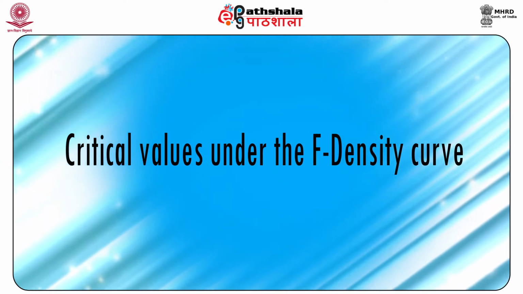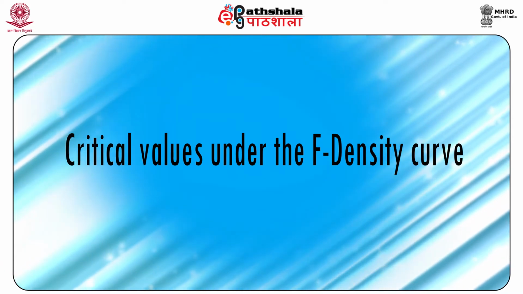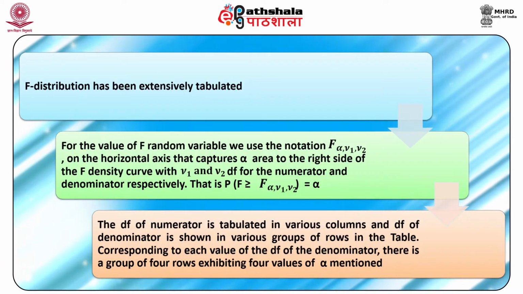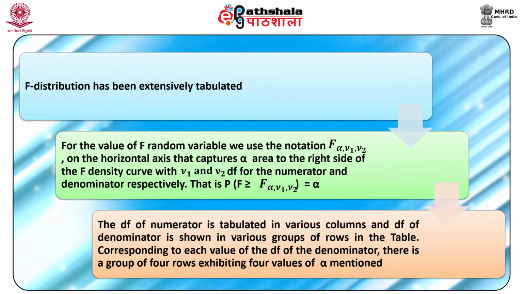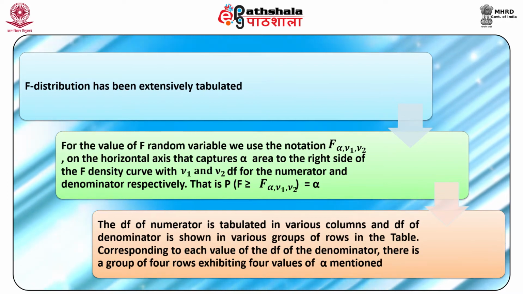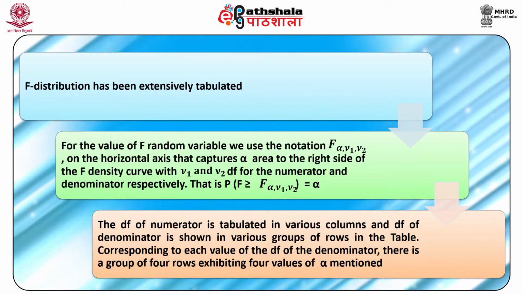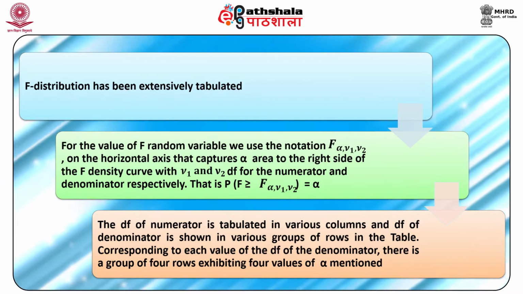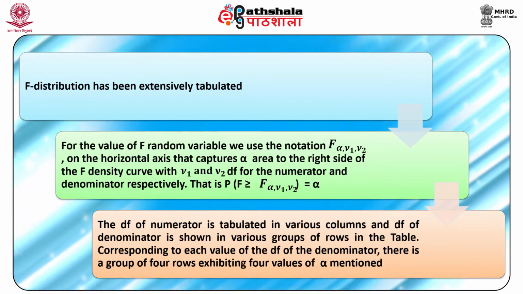In section 3.3, which is our current session, let us understand the critical values under the F density curve. Now, considering its importance, the F distribution has been extensively tabulated. Similar to the notation t alpha nu for the t distribution, we use the notation F alpha nu1 nu2 for the value of the F random variable on the horizontal axis that captures alpha area to the right side of the F density curve with nu1 and nu2 degrees of freedom for the numerator and denominator respectively.